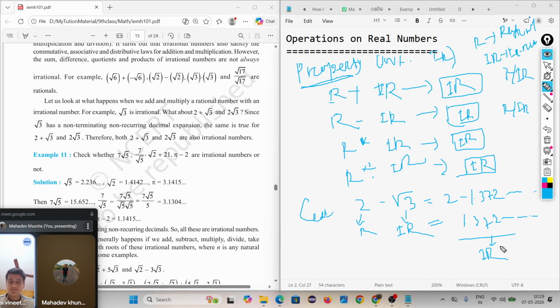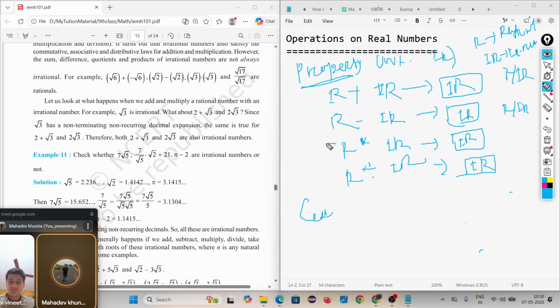Then for multiplication of a rational number with an irrational number, remember the rational number should not be 0, because if you multiply 0 with any number your result becomes 0. If you take 0 multiplied with root 2, the answer is 0. So this rule is not applicable for 0.